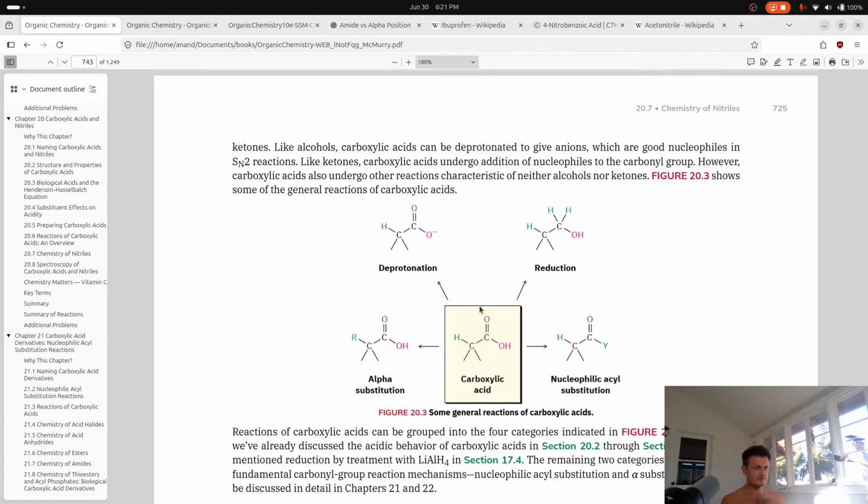Then we have nucleophilic acyl substitution. Okay, so that's not making an ester. Well, okay, this is called nucleophilic acyl. Oh wait, I'm getting a phone call.